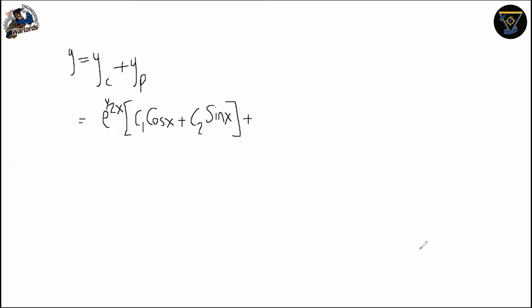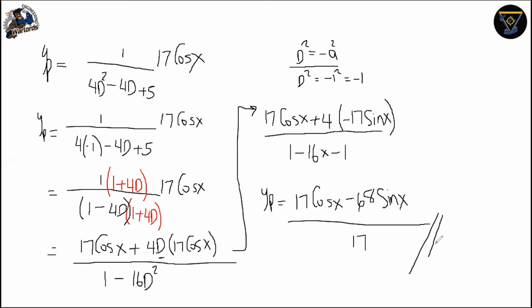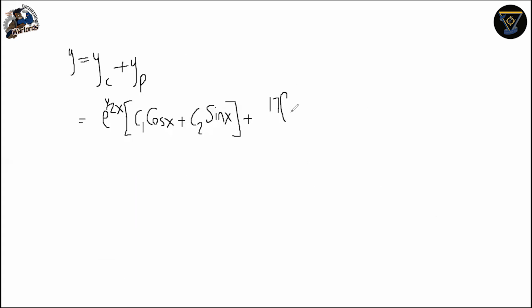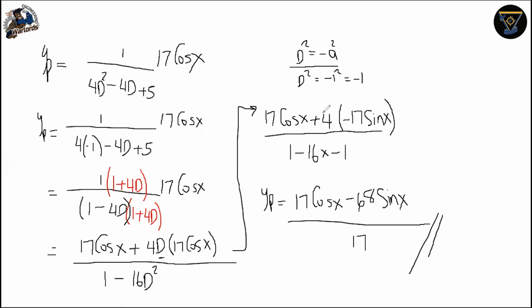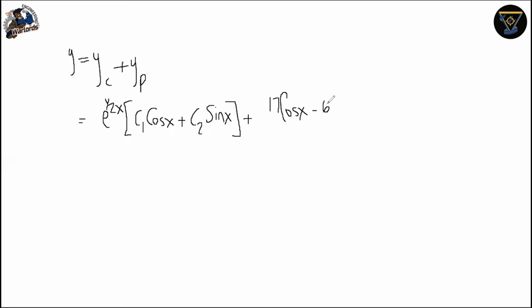The yp we got was all of this, which is 17 cos x minus 68 sin x, and it's divided by 17.